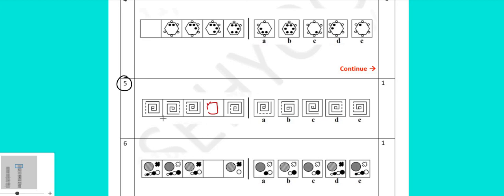And as the observation says, white or black with each step. So the only criteria matching here is the figure E, because it has the anti-clockwise, the next dotted line that is supposed to be here on the top, and it matches the second criteria also, alternate white and black with each step. So making E our correct fit, striking off all the rest of the options according to our last sum.